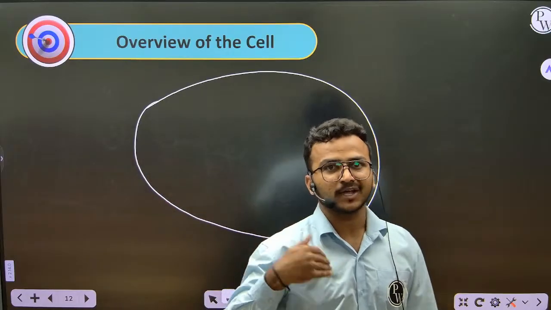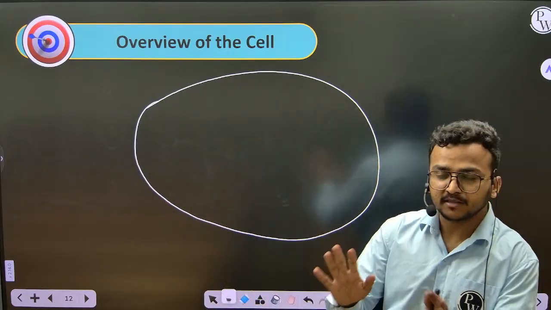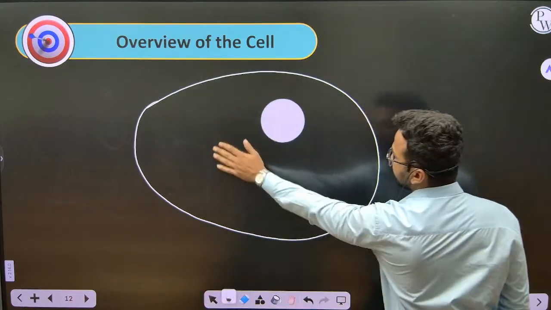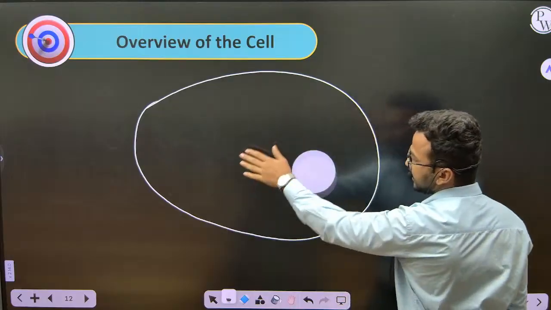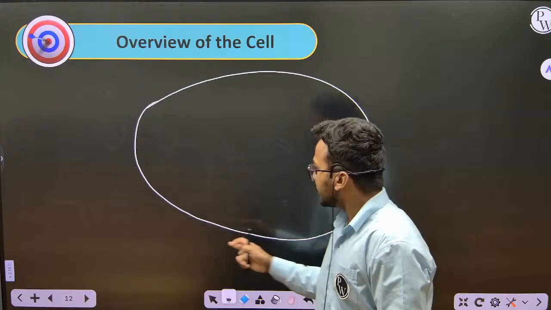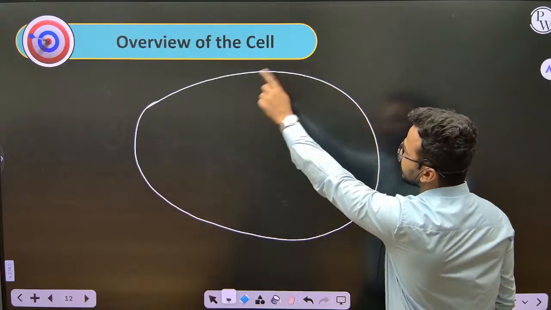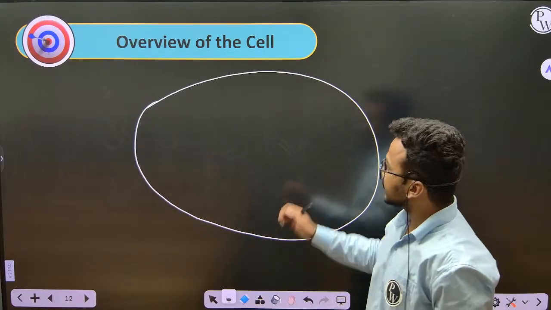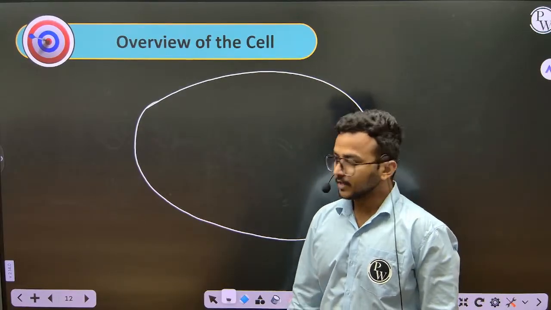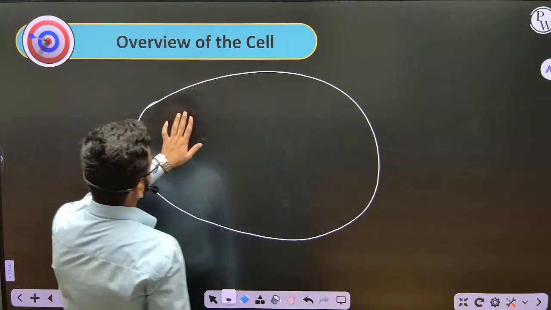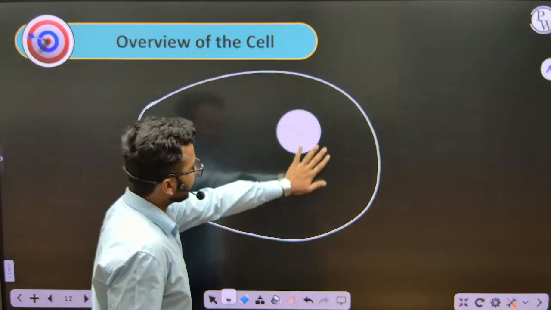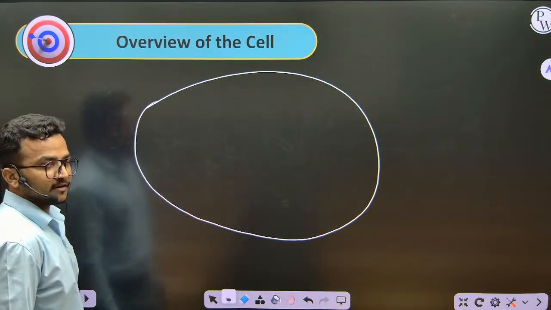Cyto means a cell, and plasma means the liquid or the content which is present within the cell. It is cytoplasm. And the membrane which covers the plasma is the plasma membrane or cell membrane, as we call it. So this is a cell membrane which encloses the complete cytoplasm.